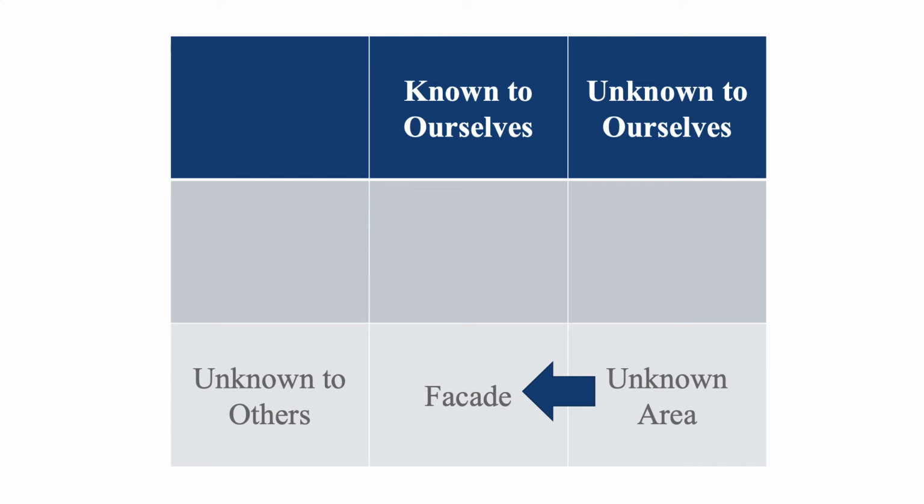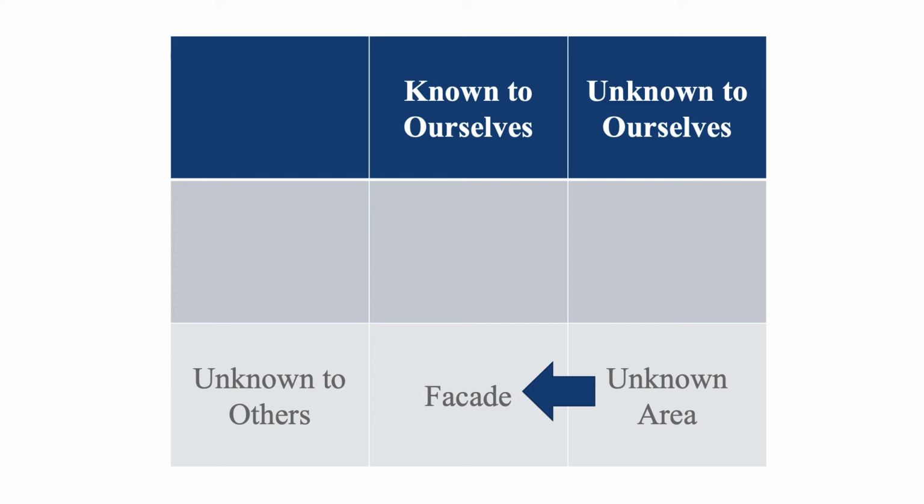Some of it will also be closing some blind spot, because there will be some things you'll discover where you realize, oh, other people probably did see this about me and now I see it about myself. But largely it's going to be expanding the facade and shrinking the unknown area.